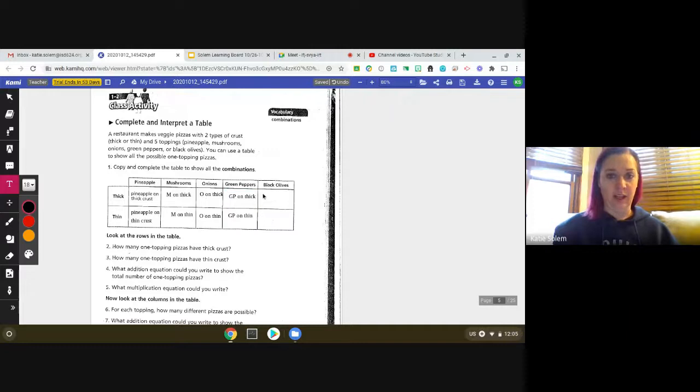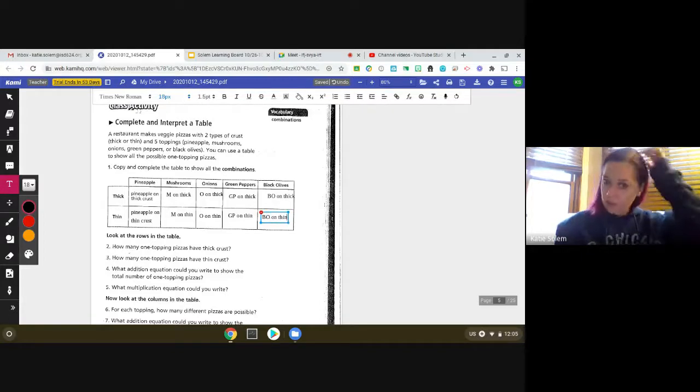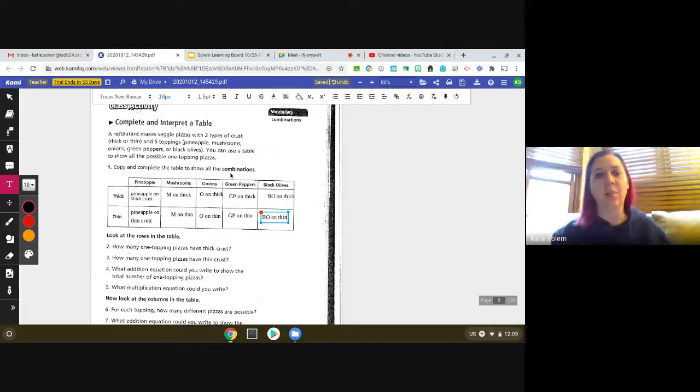We could also have black olives. So I'm going to say BO for black olives on thick, BO on thin. So those are all of the possibilities that we could have for the one-topping pizzas.